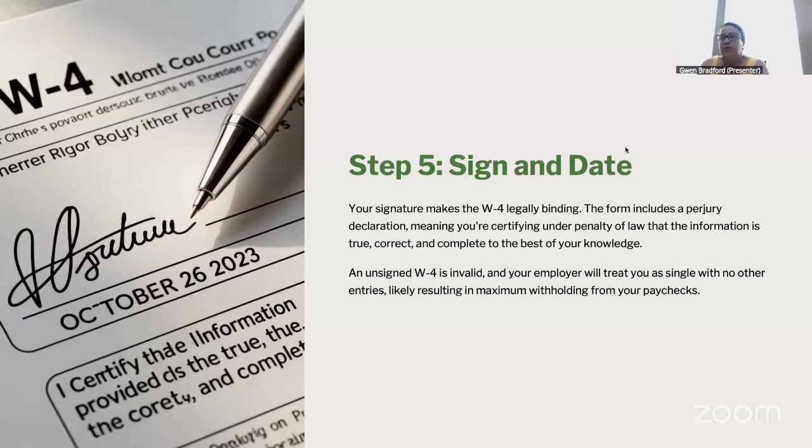That will reduce your taxable income before federal taxes are calculated. A cafeteria plan through your employer, such as your medical, dental, vision, those things can be deducted from your wages before federal taxes are calculated.